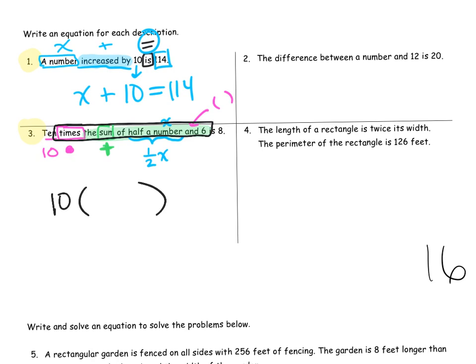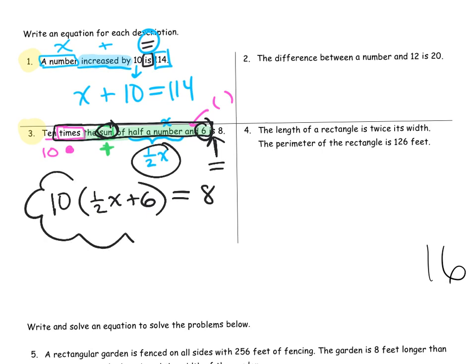We have 10 times the sum of 1/2 a number. I said let's call it x. And it's summing, we're adding them. So we are multiplying 10 times 1/2 x. We're taking the sum of half of that number and 6, so we're summing it with 6. Is, that word is equals 8. That's what my equation would look like if I wrote it out.